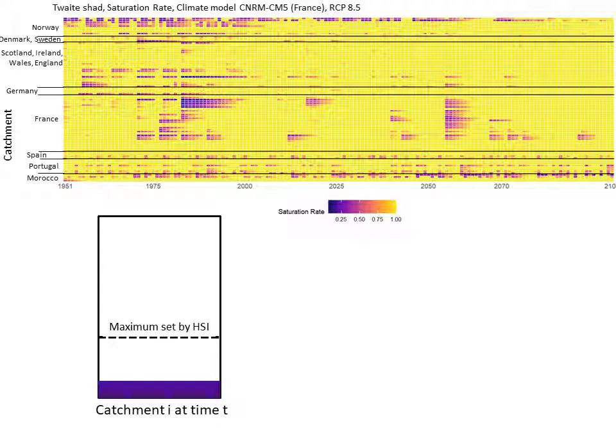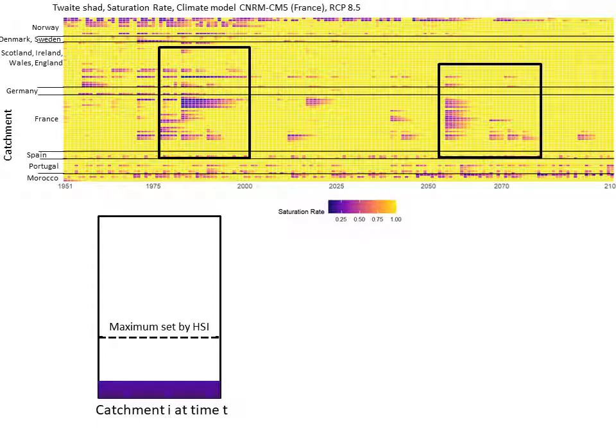We can see a few trends if we look at particular years, where in between particular years, the saturation rate has decreased quite dramatically, so going from a yellow to a blue. And then after that decrease has happened, we do see the population over a certain period of time essentially recovering and going back up to a higher saturation rate.